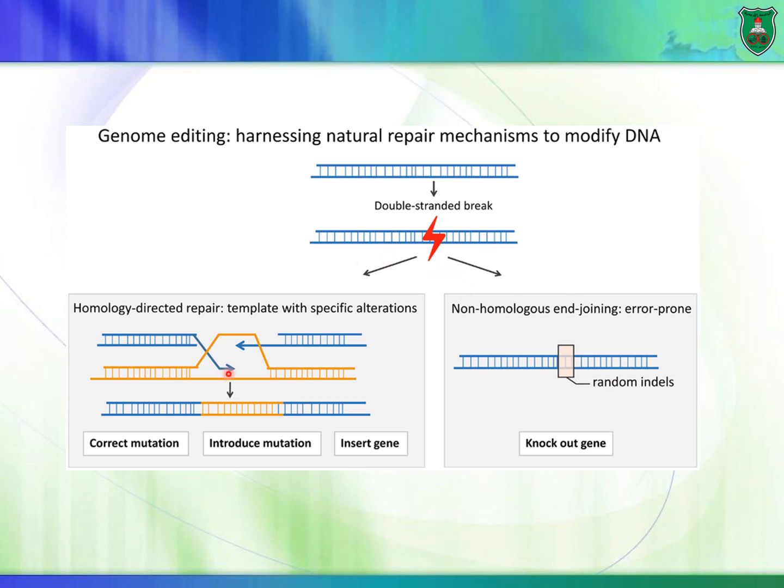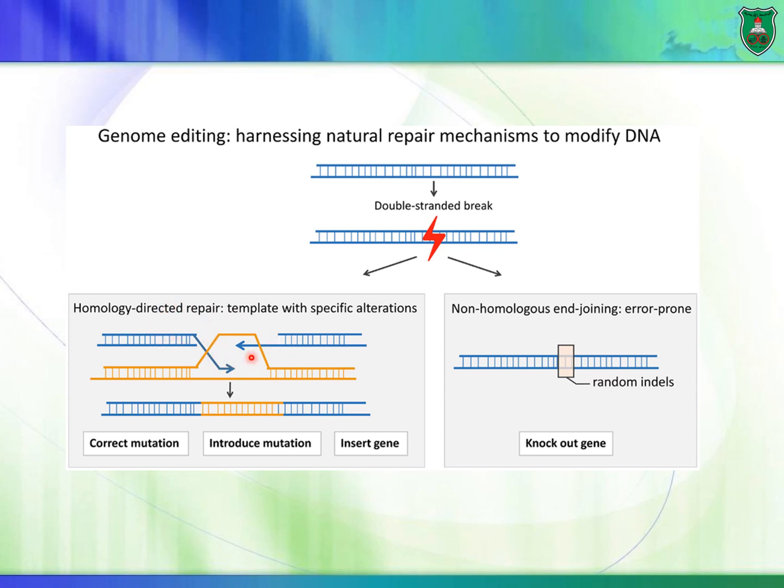Now, if you have activation of the homology repair system, since we have a homologous chromosome in our cells, you would have replacement of the deleted gene, or the damaged DNA. It would be replaced by fragments from the homologous chromosome. Now, imagine if you have a mutated DNA in here, and this DNA is good. There's no mutation. So what you're doing is you're correcting the gene.